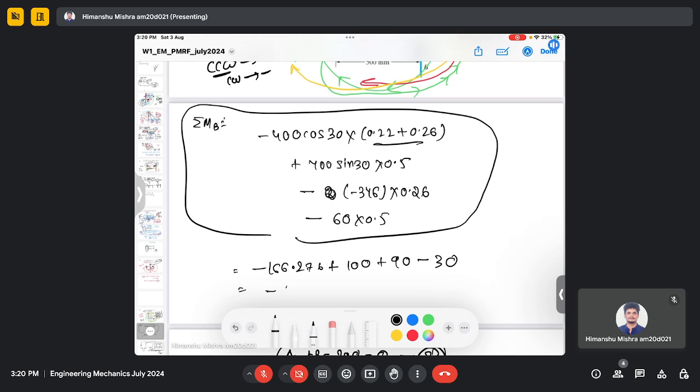So I'm getting a moment of about minus 6 kilonewton meter. So this is the overall moment about point B.